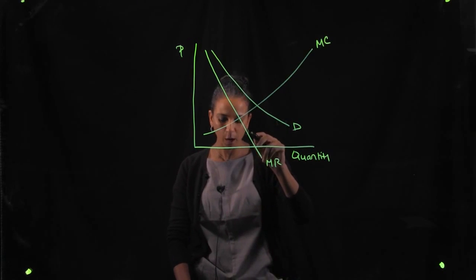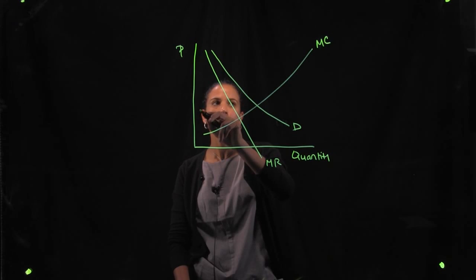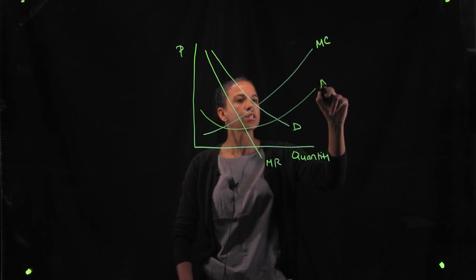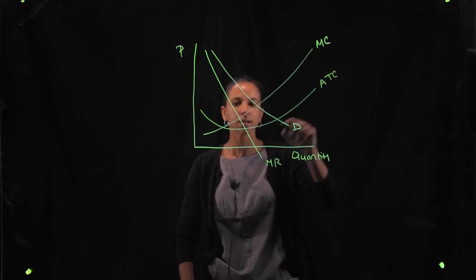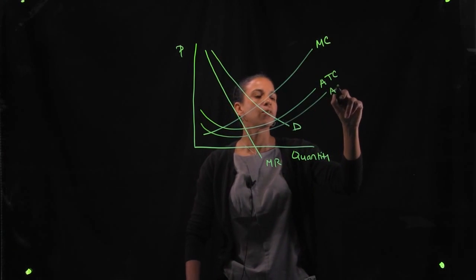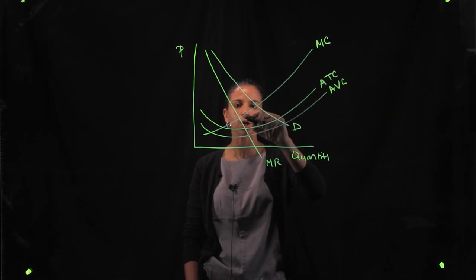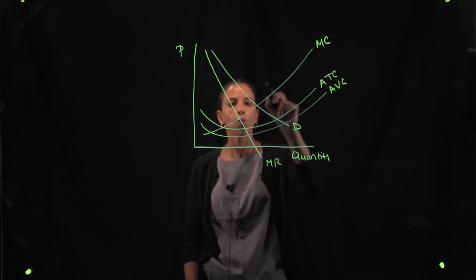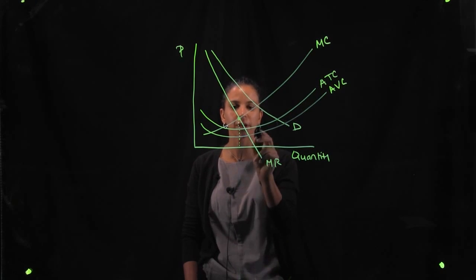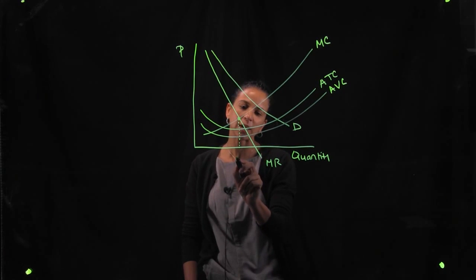If I throw in my cost curves, I've got my marginal cost and my average total cost, which sits above my average fixed cost. Again, we want to find the profit maximizing rule, which is where marginal cost equals marginal revenue. That will tell us the output for the monopolist. Let's say in this example, the output happens to be 40.